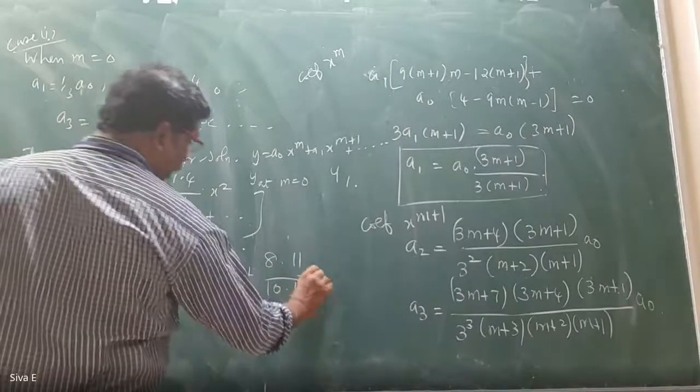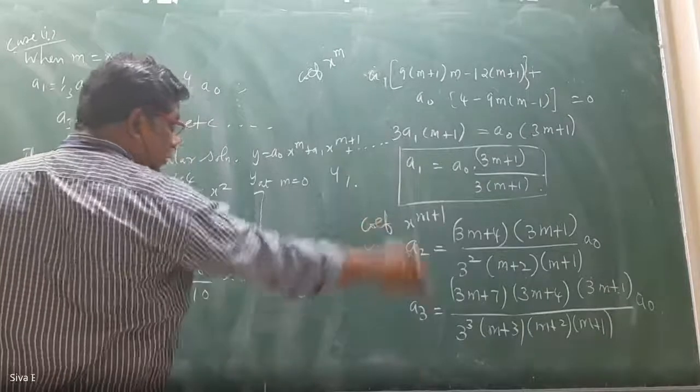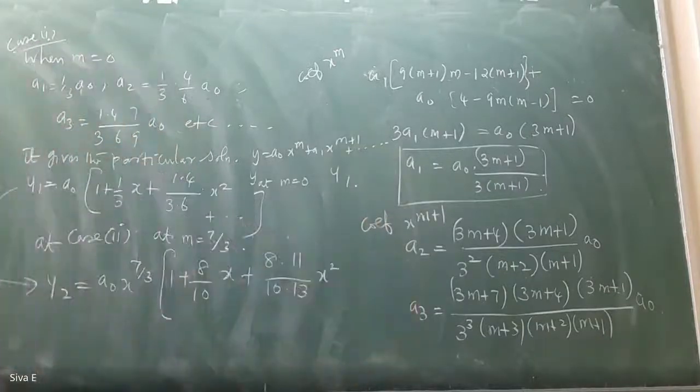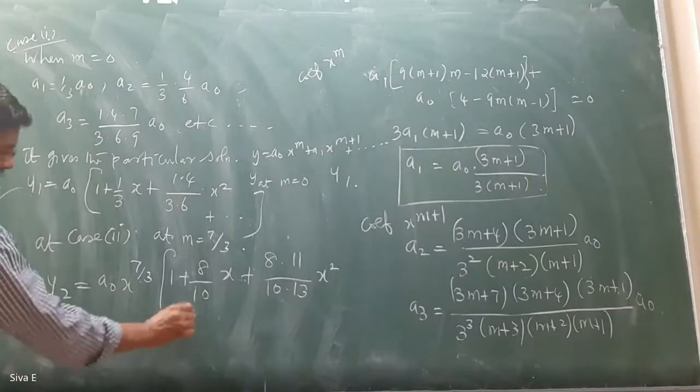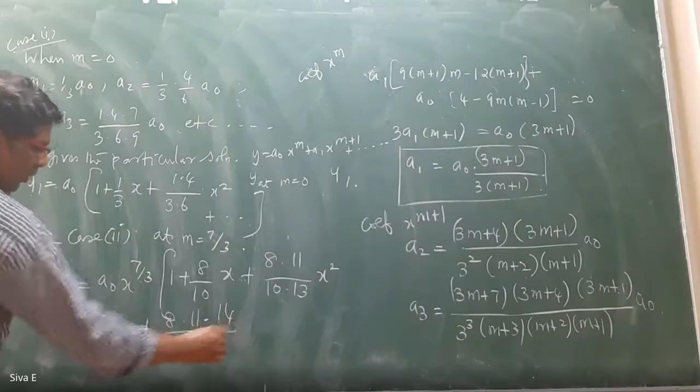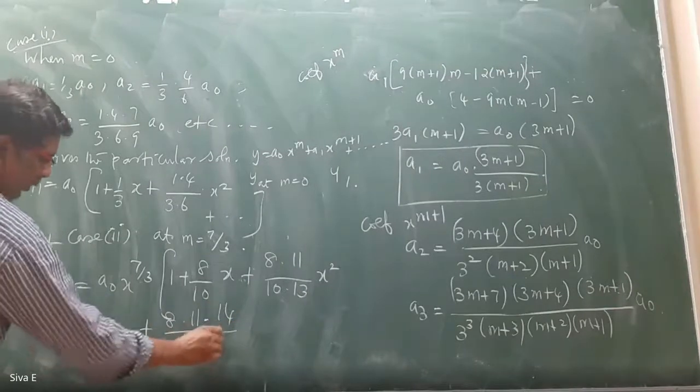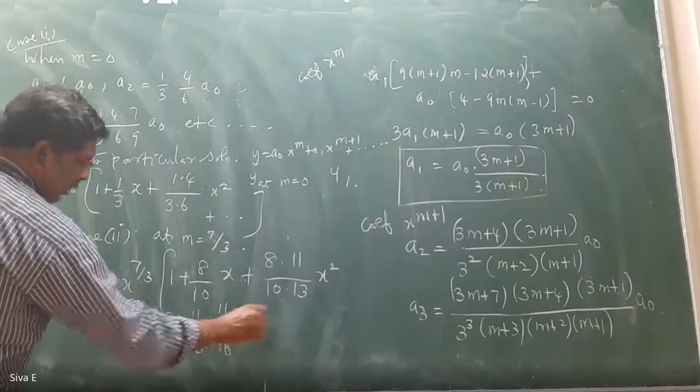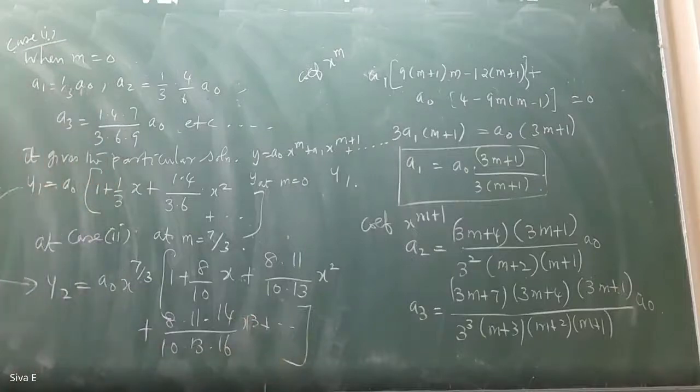Everything I'm writing directly, but you have to substitute what is the m value. Everything you have to find. x square plus 8, 11, 14 by 10, 13, 16, x cube, etc.